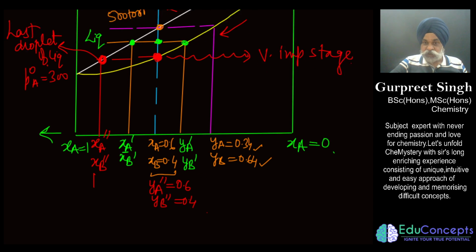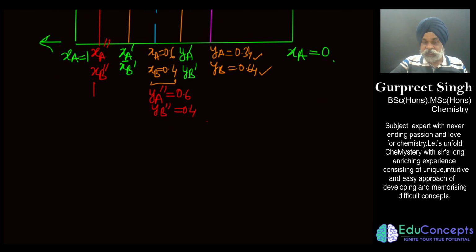Once you know that the composition corresponding to the last droplet has a vapor phase composition exactly the same as that of A and B in the liquid state when we started with 760 torr, that is what you have to now see.